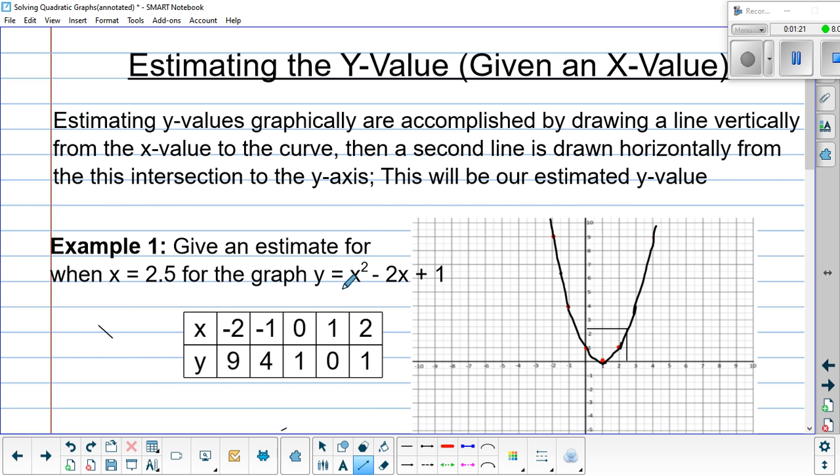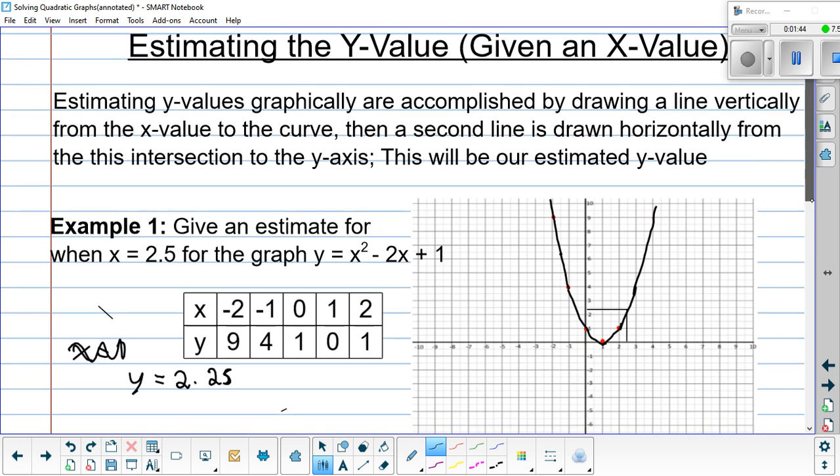So it should be 2.25. That's why the more accurate you draw, the better. So our y value equals 2.25. What they're looking for is for you to actually draw those lines on your graph as I did.